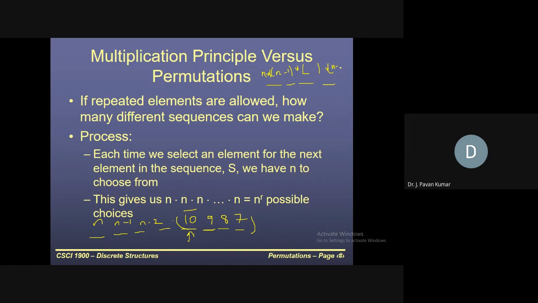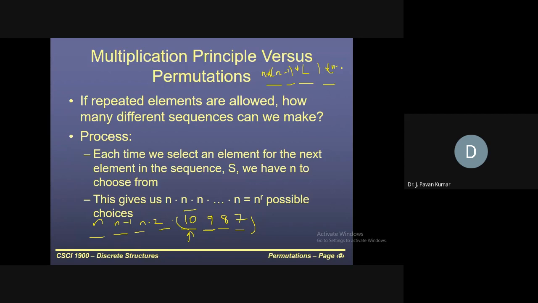What will be the value? If the length of the sequence is 2, it is n into n minus 1, up to that. If the length of the sequence is 3, n into n minus 1 into n minus 2, and at n minus 2 itself we will stop. If the length of the sequence is 5, then up to n minus 4 only we will stop.